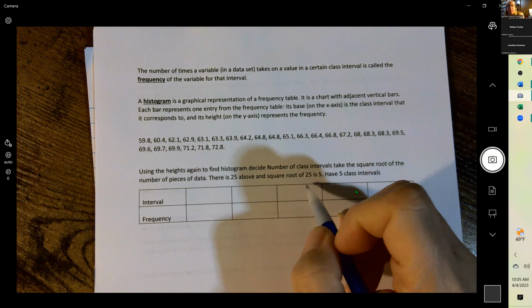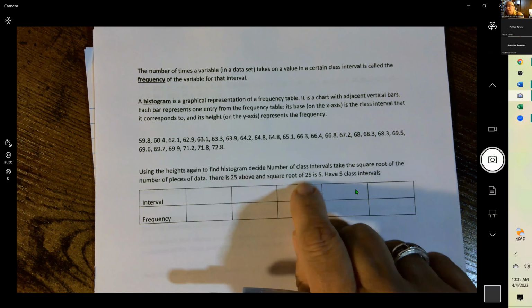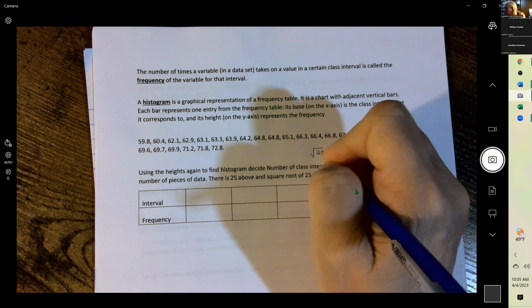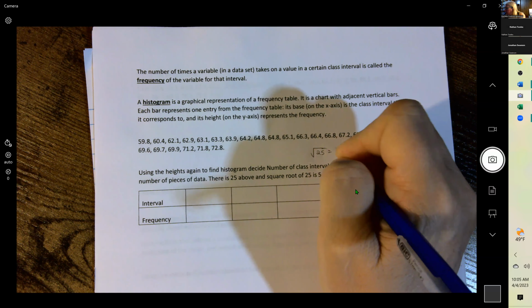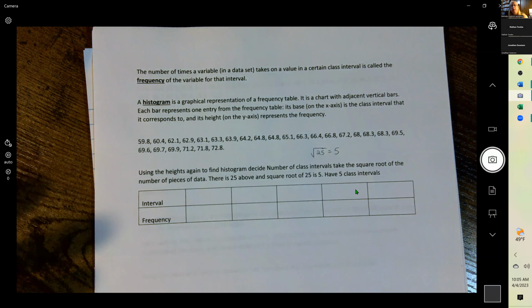But there were 25 of them. So to get a good number of intervals, you take the square root. The square root of 25 is 5. So 5 intervals.